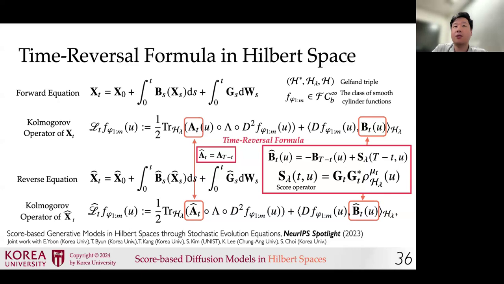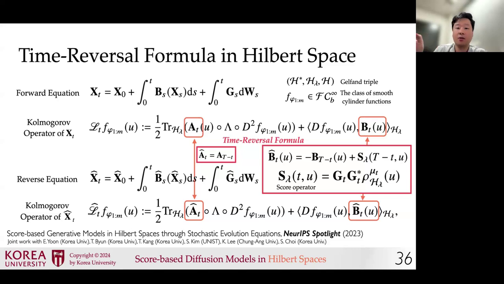So this rho mu_t H lambda is the key to understanding what the score operator is in our theory. And this actually generalizes the term of the gradient of the log density, which is defined for a suitable function. So this time reversal formula generalizes the time reversal formula in finite dimensional space, because the vector logarithmic derivative recovers the gradient of the log density.